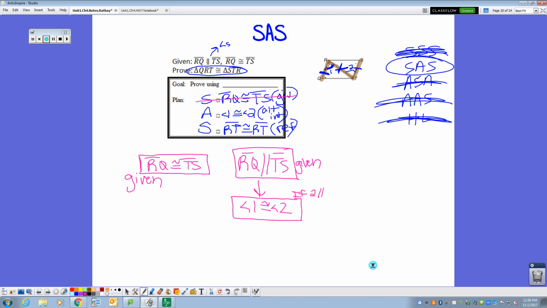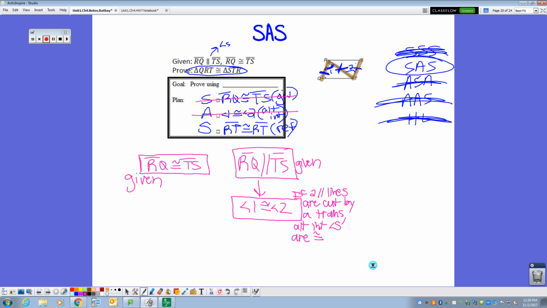If 2 parallel lines are cut by a transversal, alternate interior angles are congruent. Once we have that, we have our angles, we cross off our second branch.